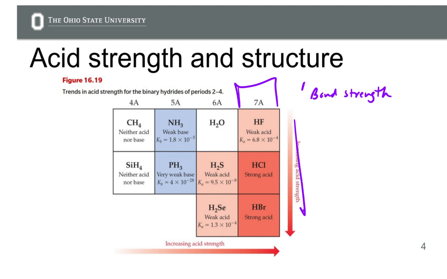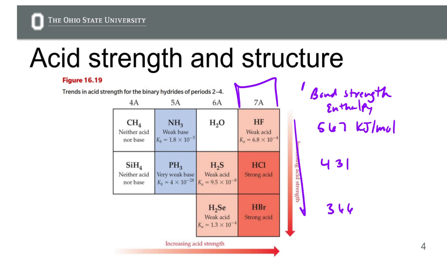With HF, the bond enthalpy, which is a measure of the bond strength, so how much energy is required to break the bond, is 567 kilojoules per mole. For HCl, that decreases to 431, and for HBr, it decreases even further to 366 kilojoules per mole.